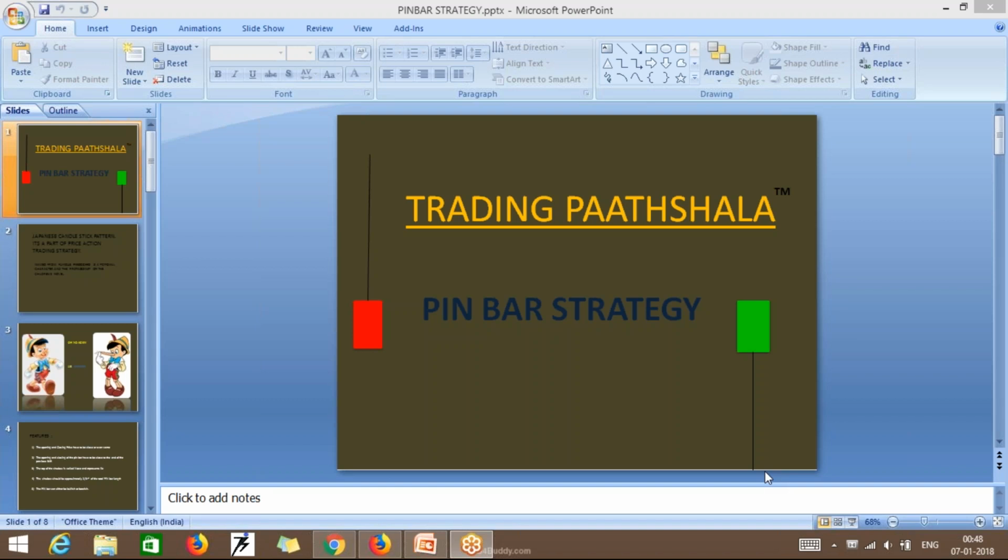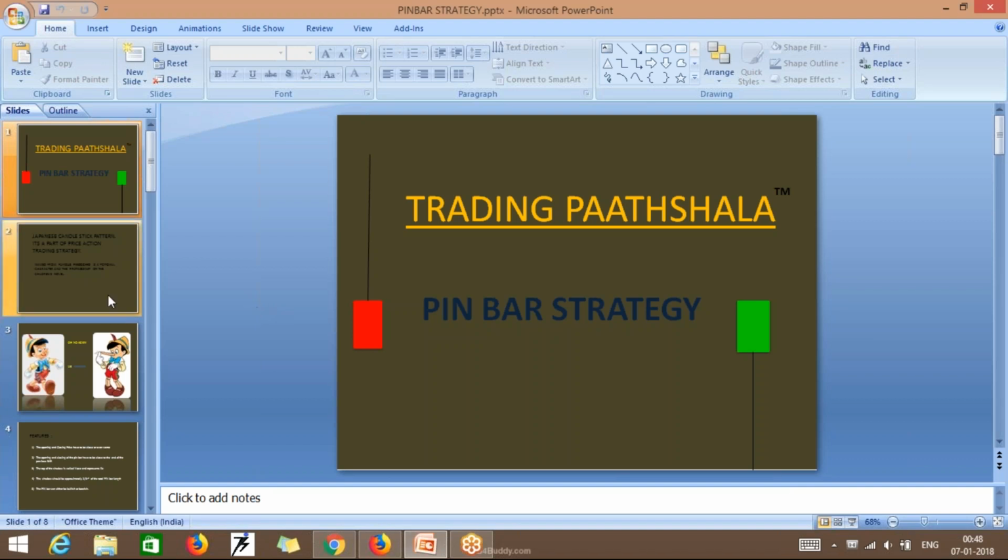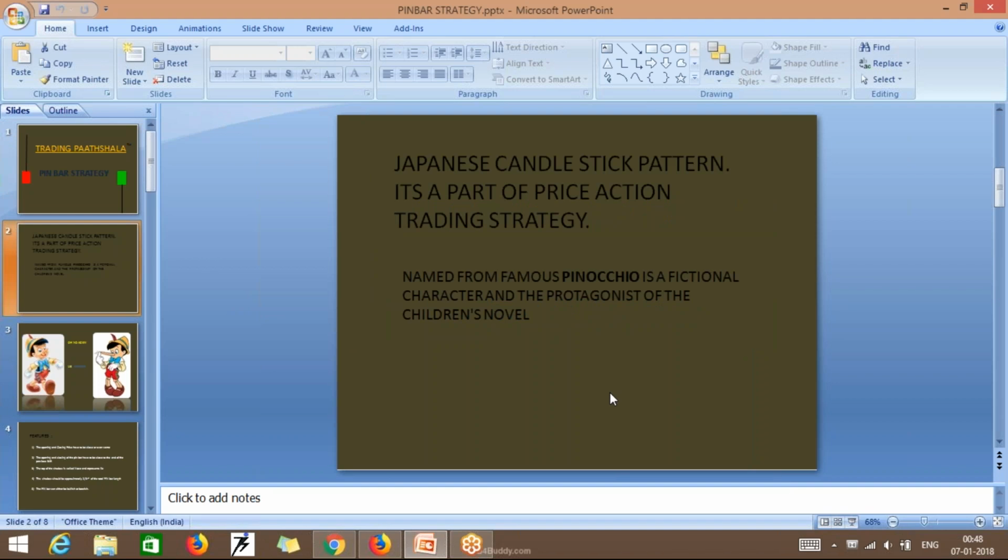Pin bar is actually very famous in recent days. It's a very new strategy, you can call it. If not new, but yes, it's becoming popular day by day. So, what is a pin bar and when did it come into existence?